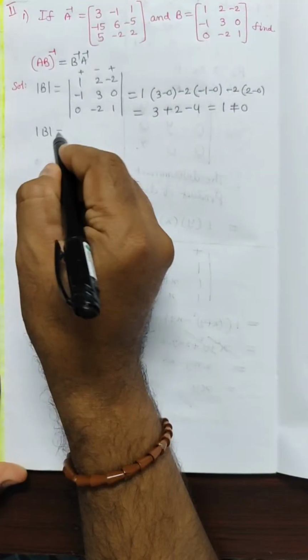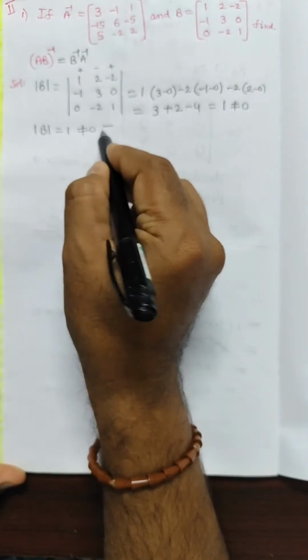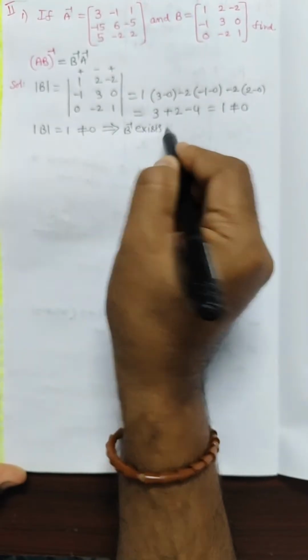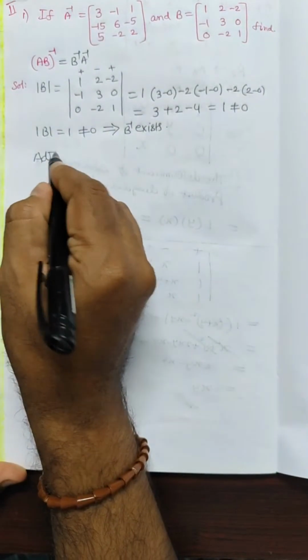So det B is equal to 1, which is not equal to 0. That implies B inverse exists. So adjoint B we will calculate.